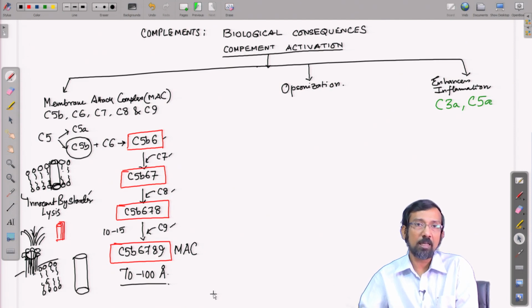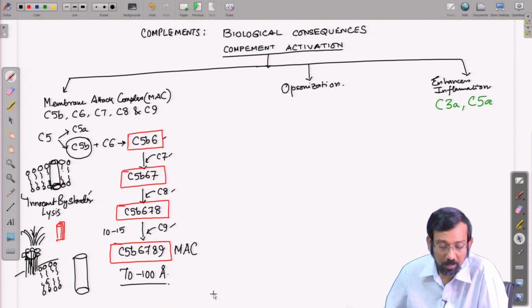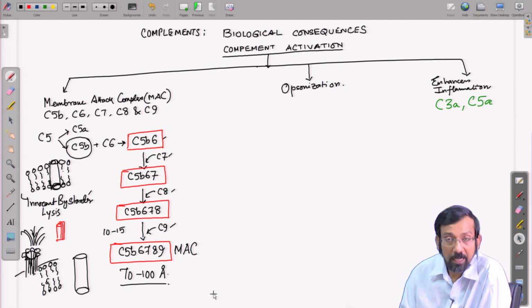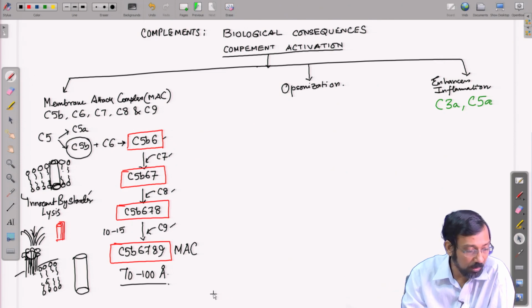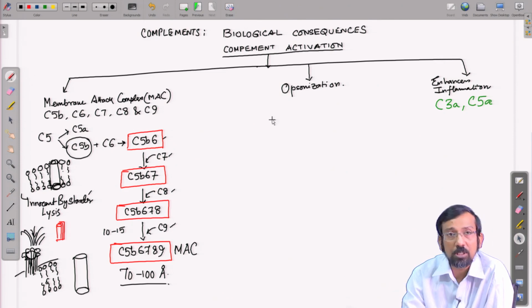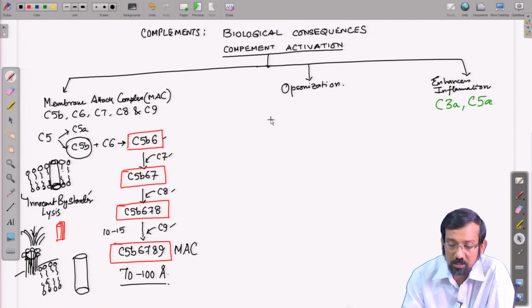So, it lyses the cell that is standing next to it. This can happen sometimes, but usually does not, and why it does not happen we will discuss in our next classes.